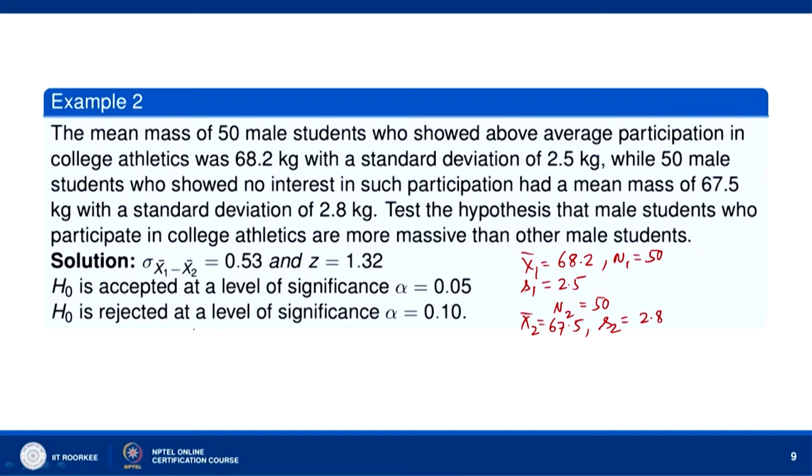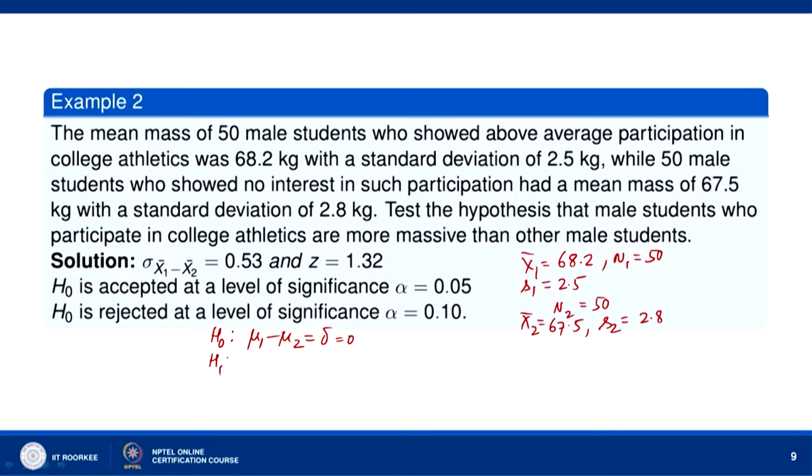Let us say our null hypothesis H naught is mu 1 minus mu 2 is equal to delta equal to 0. That is, the male students who participate in college athletics are the same as the other male students, on average.